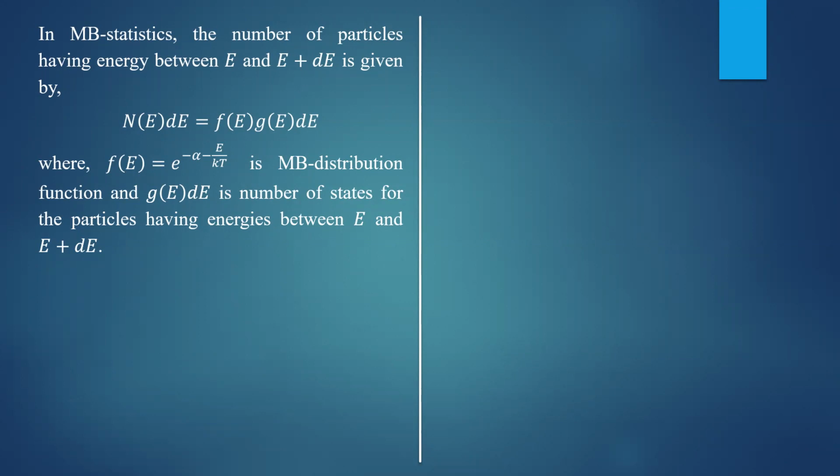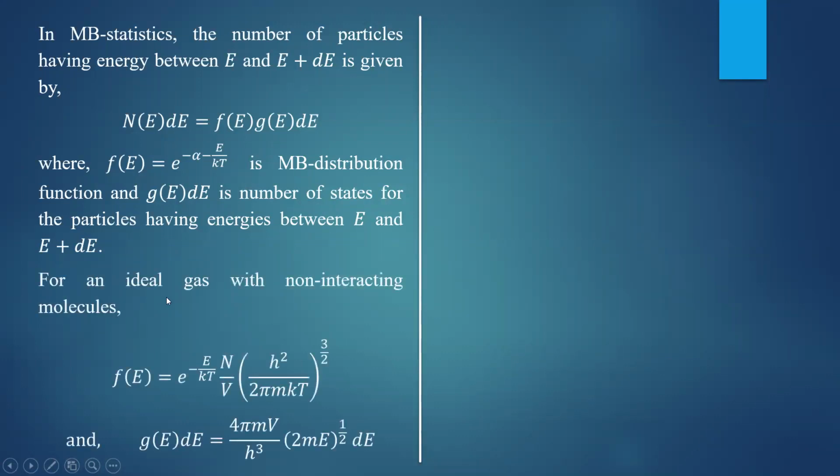So now we'll try to find out what are the number of particles having the energy E. N of E we will obtain by substituting the value of f of E and density of state g of E. And here f of E is the Maxwell-Boltzmann distribution function. g of E into dE is the number of states available or density of state having the energy between E and E plus dE.